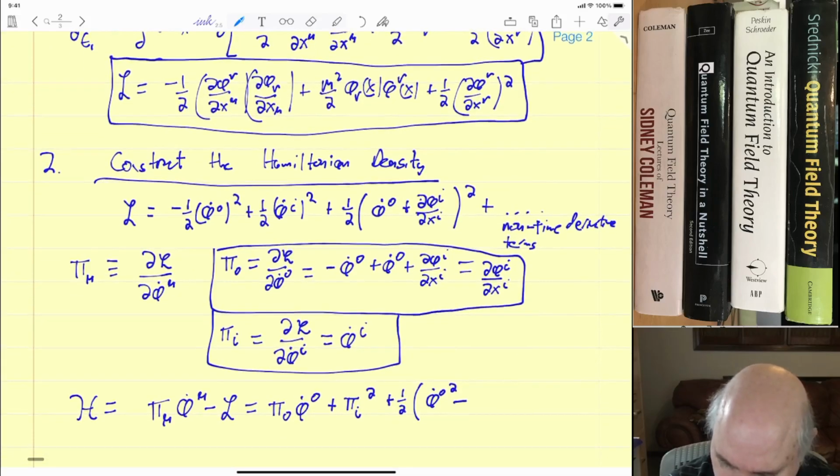So when we have this term, I'm subtracting this term, so I got plus 1/2. The first obvious term is phi dot 0 squared. And then I get an index with an I down, and a nu is 0, and an I for mu. So that's the I is going to give a negative sign over here. So I have 3 negative signs, one from there, one from the minus L, and one from the I's here. So I'm going to get an overall minus sign.